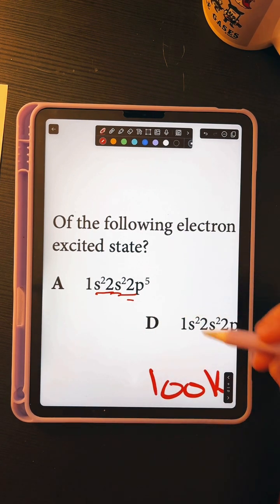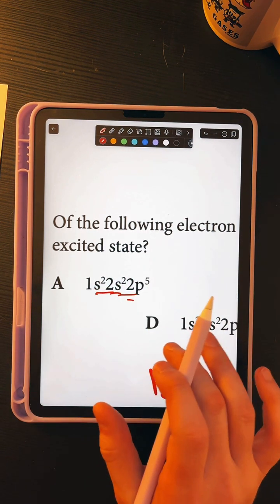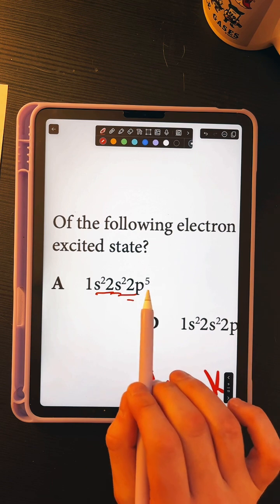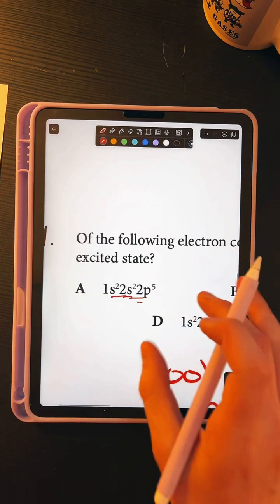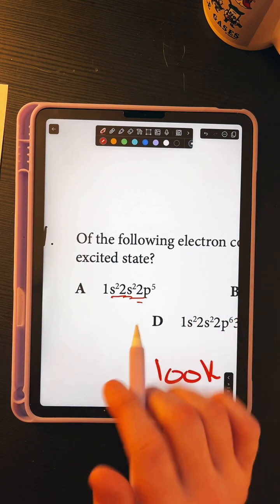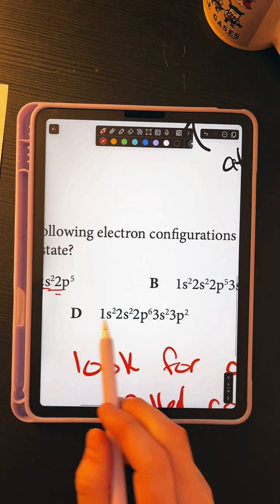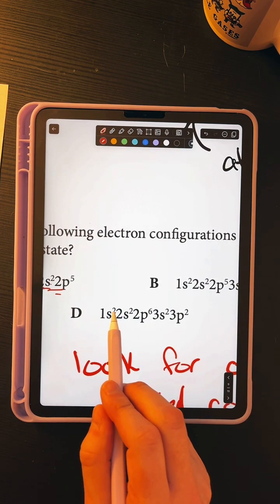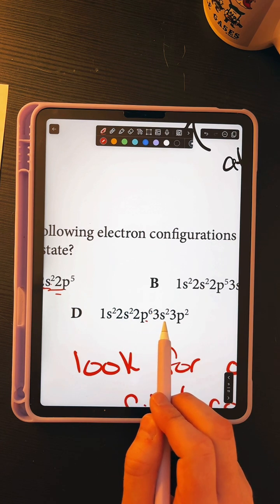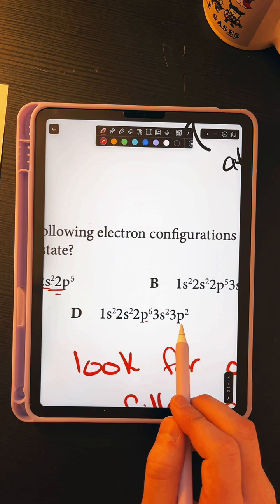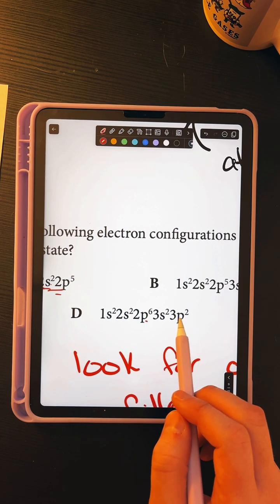Now, our p orbital has a maximum of 6 electrons, but that's at the end, so we don't care. Let's look at D. S orbital filled with 2, S orbital filled with 2, P orbital filled with 6, S orbital filled with 2, P orbital not filled, but that's at the end, so we can't say that it is.